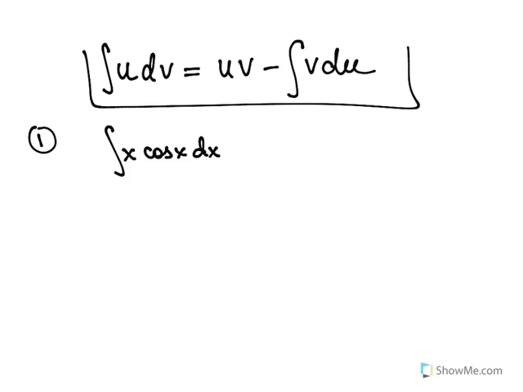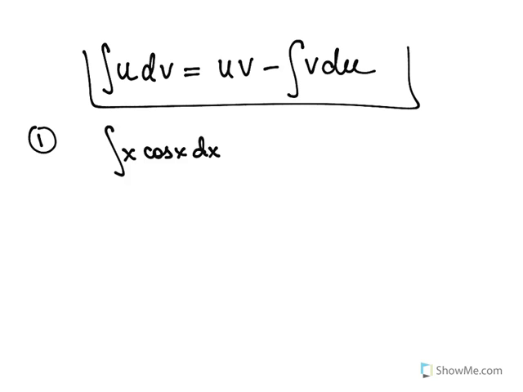So that means we're going to apply the integration by parts rule. So the question is, which one is u? Which one is v? So you have to assign the variables u and v, right? The students always have a hard time deciding which one is u and which one is v. And I'll tell you in a second.